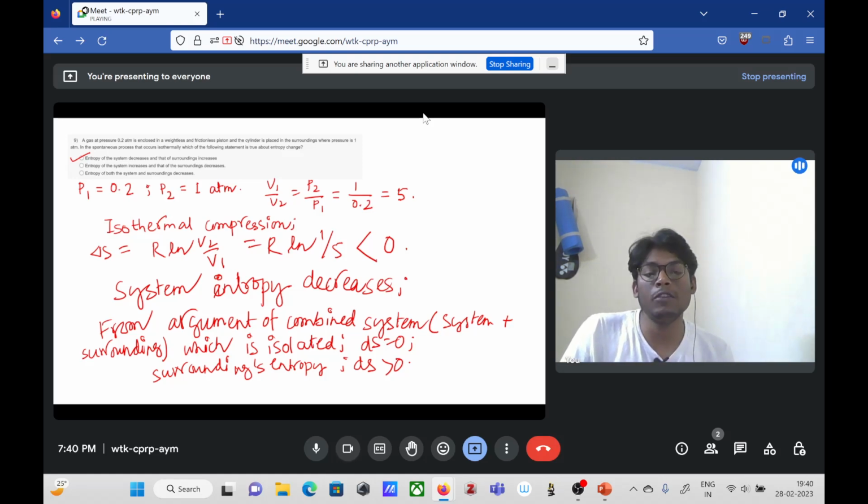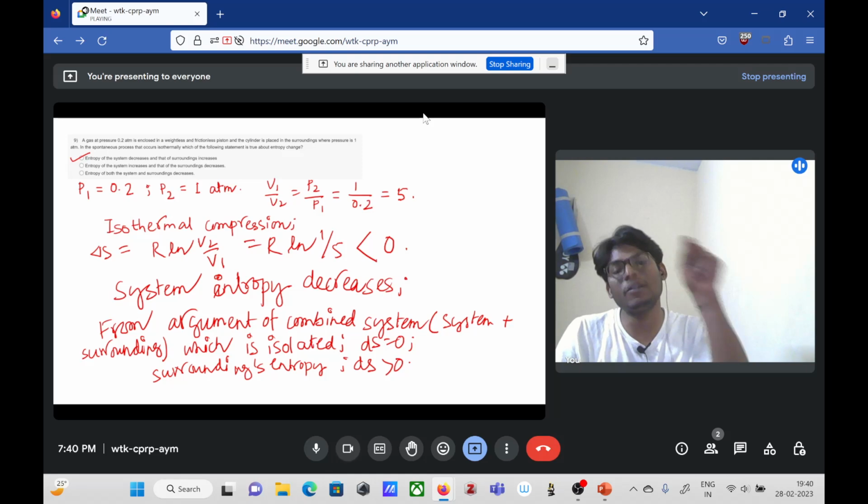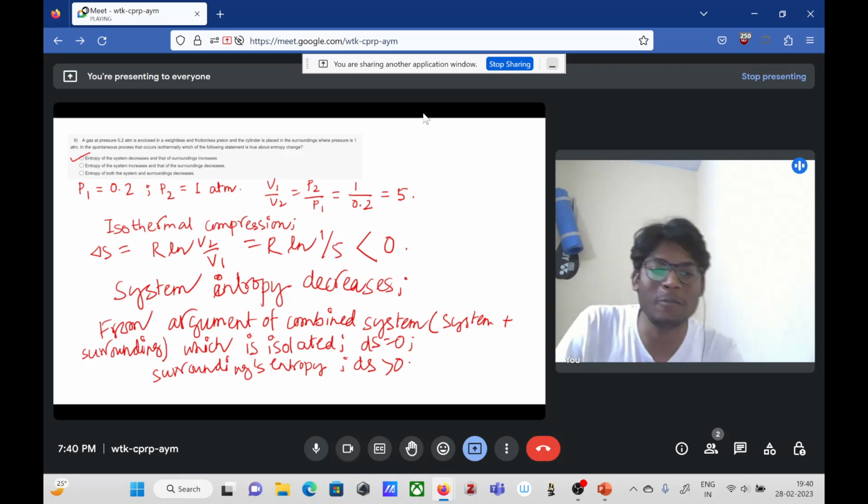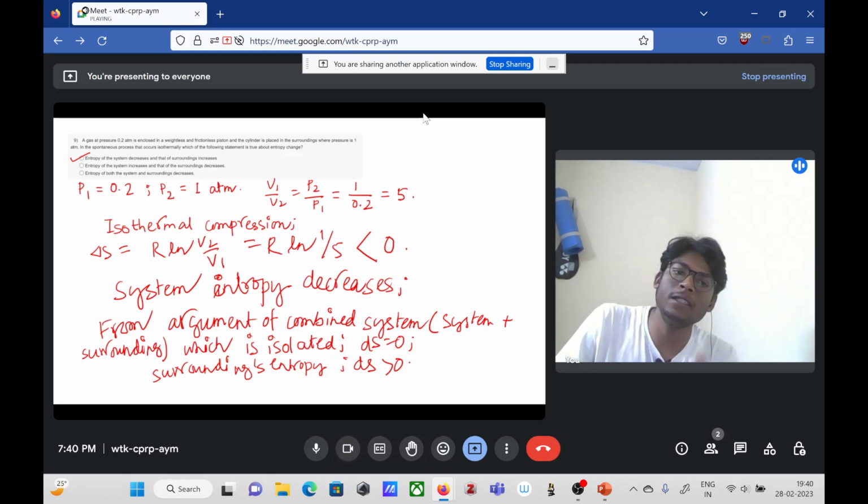Now in that combined system, we have shown that the entropy of the system in our problem is decreasing. So to balance that out, the entropy of the surrounding must increase. Okay, that's the thing.